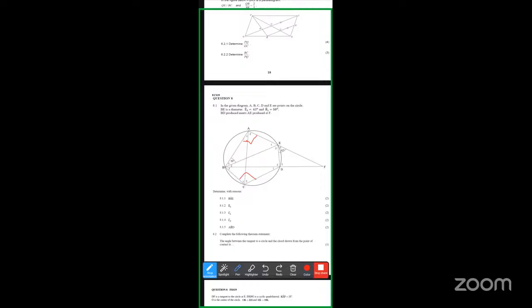Okay, I see that. Which cyclic quadrilateral are you referring to? You mean this quadrilateral? Oh, my bad, sir. So you now see that this is not a cyclic quad. So you can't say angle A plus angle C are supplementary, because that is not a cyclic quad.